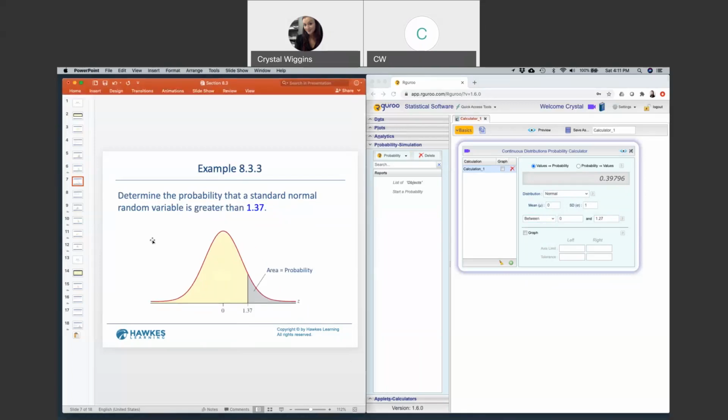Let's determine now the probability greater than 1.37. So now I'm going to switch this to above, and I'm going to type in 1.37, eyeball. 0.0853. So approximately 8.5% of the area is above a z-score of 1.37.